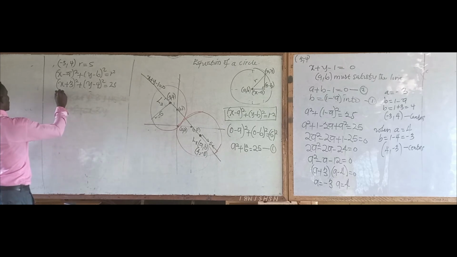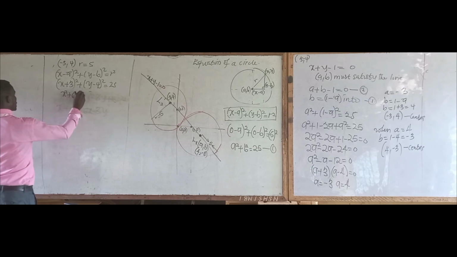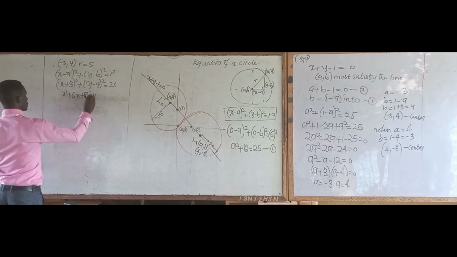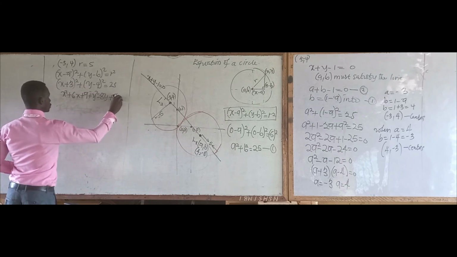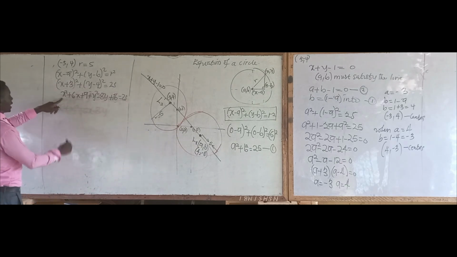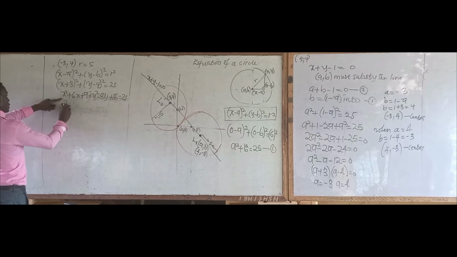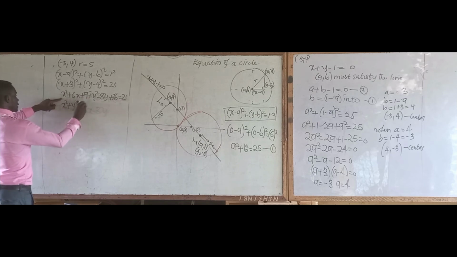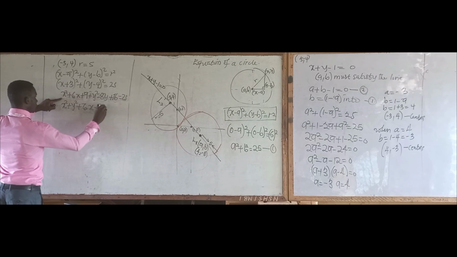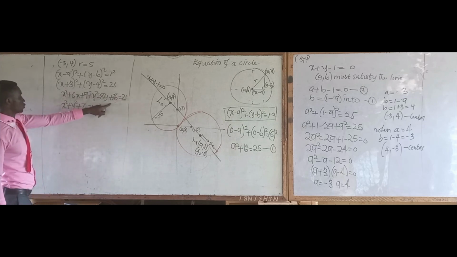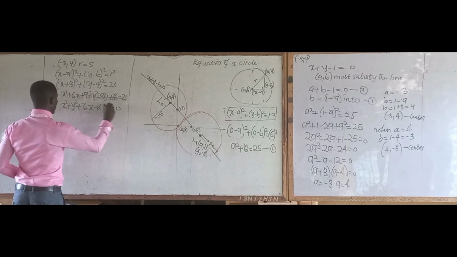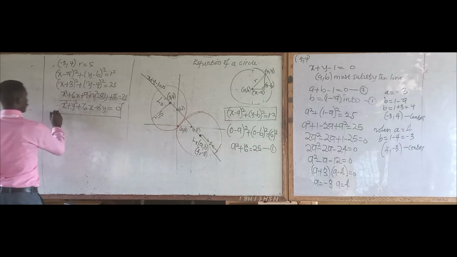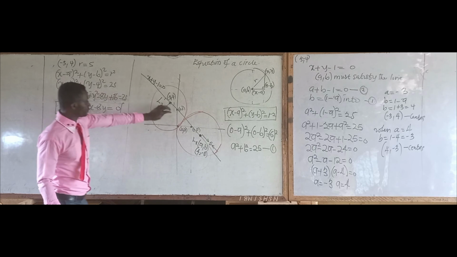This should be x squared plus 6x plus 9 plus y squared minus 8y plus 16 is equal to 25. So that x squared plus y squared plus 6x minus 8y, 9 plus 16 is 25, 25 minus 25 is 0. So it is equal to 0. This is the equation of this circle.